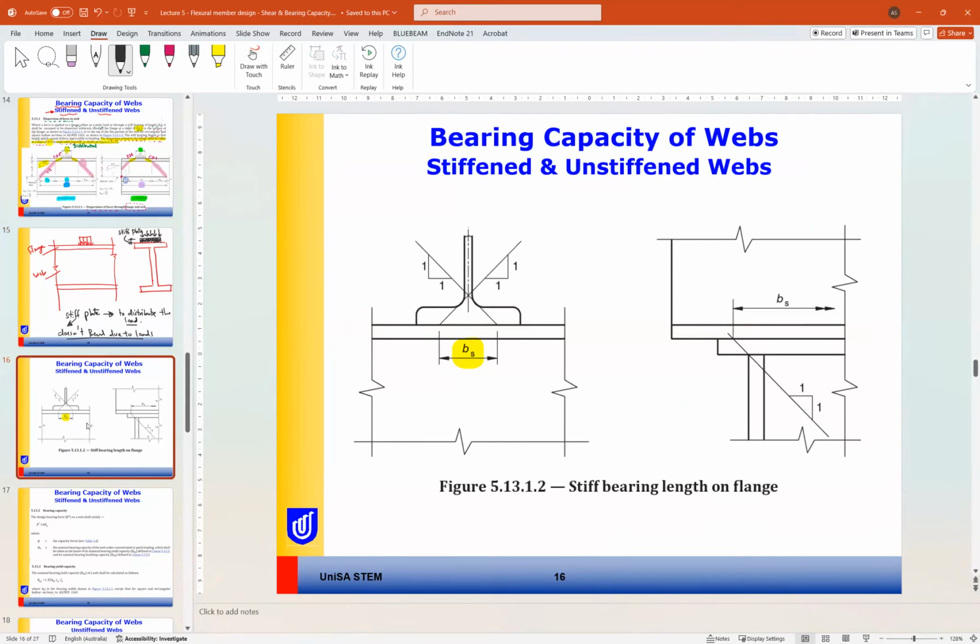So this diagram here just gives us a hint how to find the stiff bearing length, which is BS. So BS is the stiff bearing length. If we have a beam sitting on another beam like that, we will consider BB as follows: we take 1 to 1 and 1 to 1 here from the fillet weld so that we have BS like that.